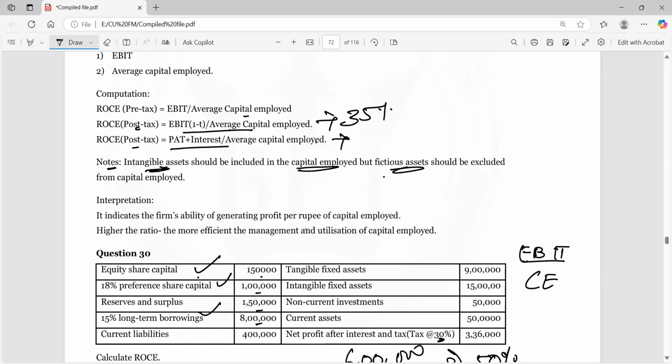If you are using the other formula, how much do you get? 336K plus interest is how much? 120K divided by 12 lakh. How much? 46.3. 46.33. So if you are using this formula, you'll get 46.33%. Oh, 38%.